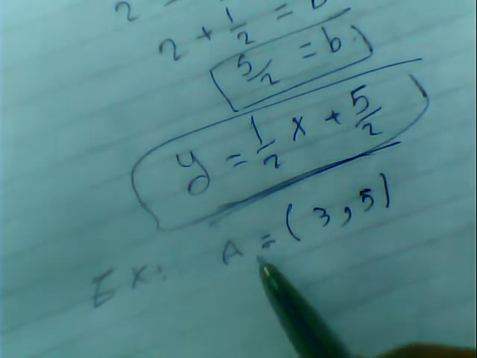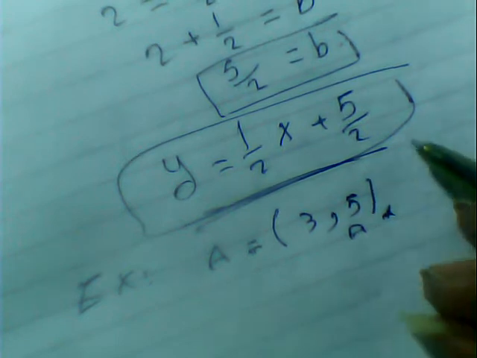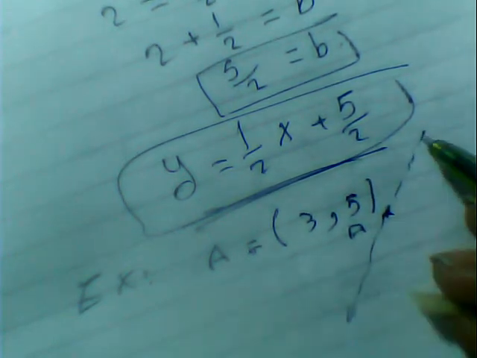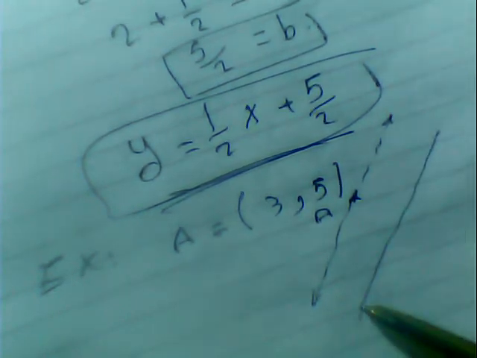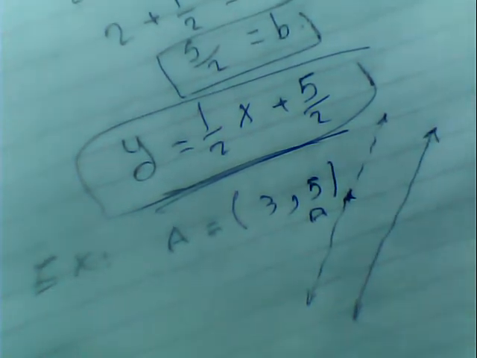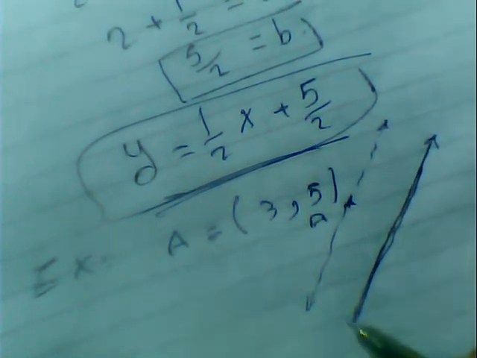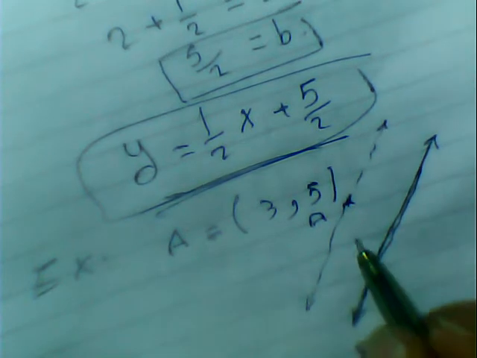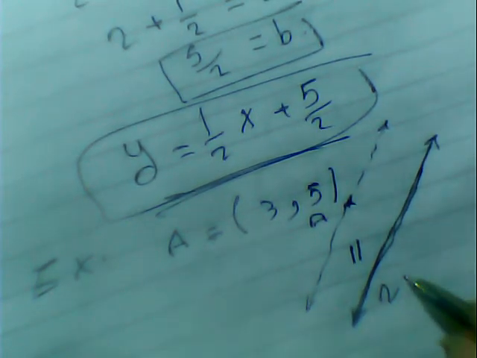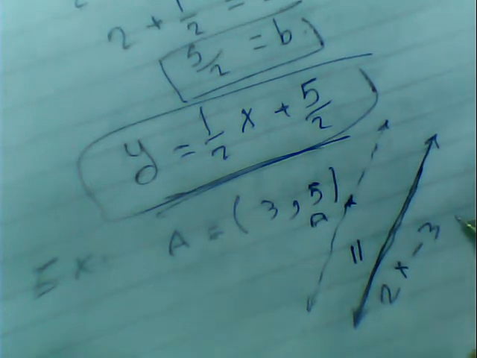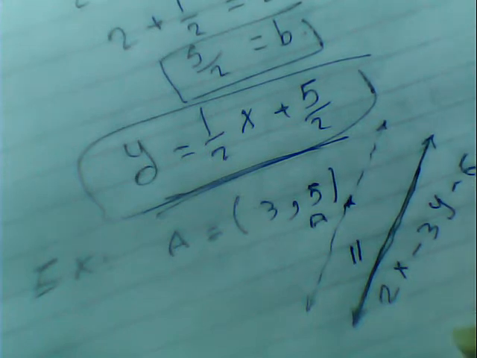This line is parallel to another line. They give me the equation for the other line, and this one is parallel to it. What equation? 2x minus 3y minus 6 equals 0.